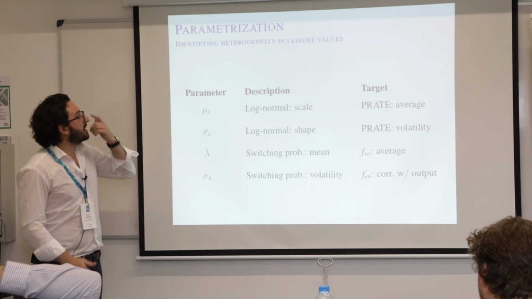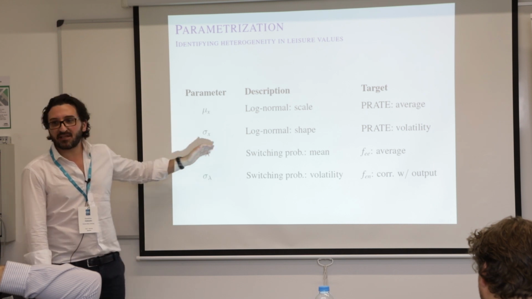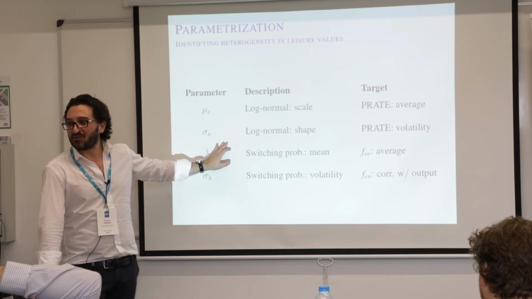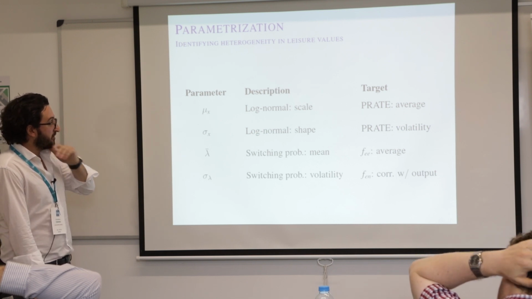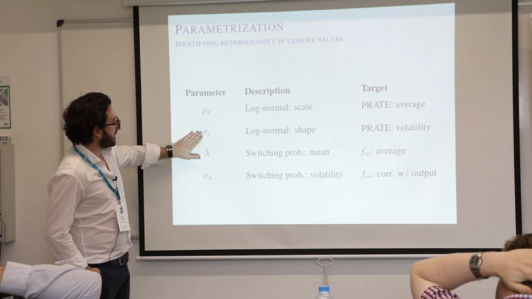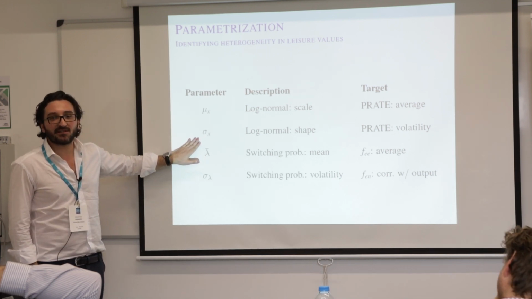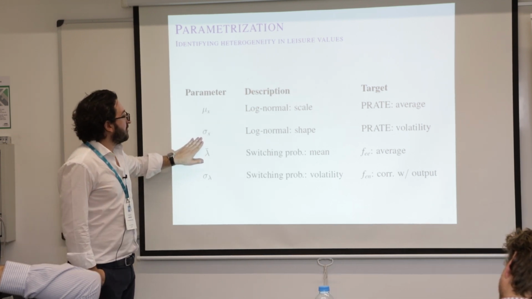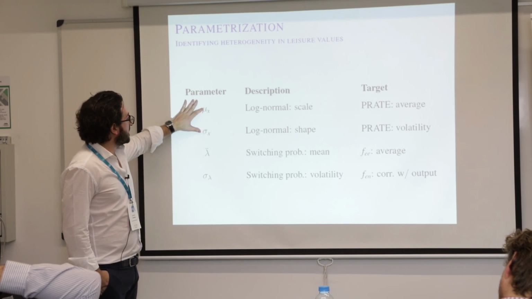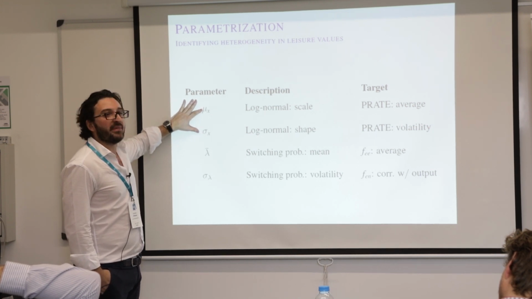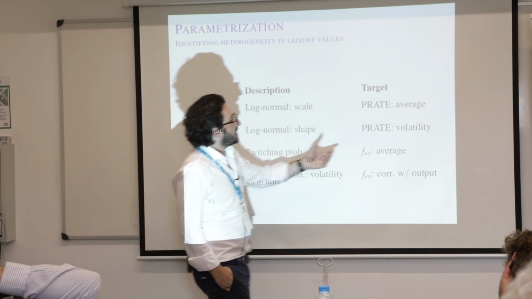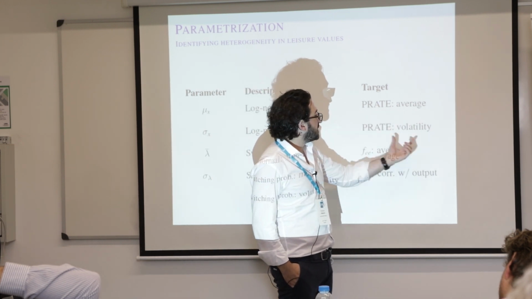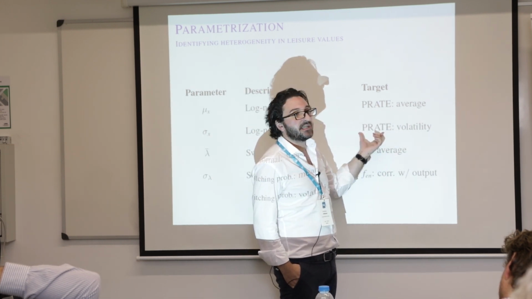Now, lacking direct evidence about the distribution of leisure values or home productivity, as David was pointing out, we do the following. Of course, this is a joint calibration, so the usual caveat applies. We use mu of x, the mean of the log-normal distribution of the leisure value, and sigma x, to match the average participation rate and the volatility of the participation rate in the data.